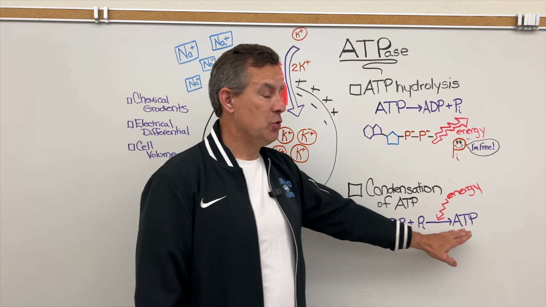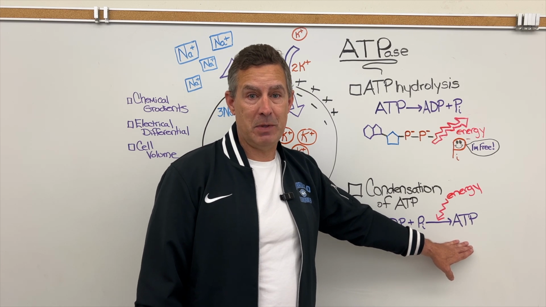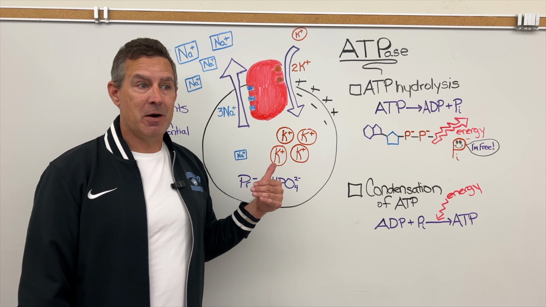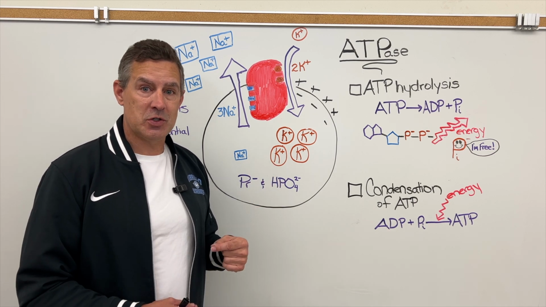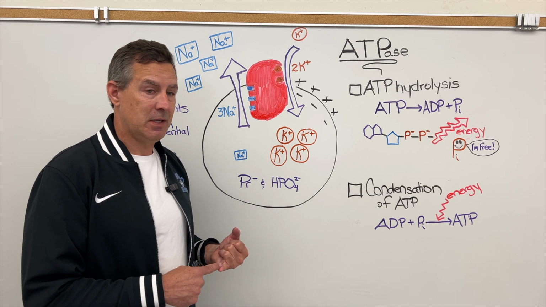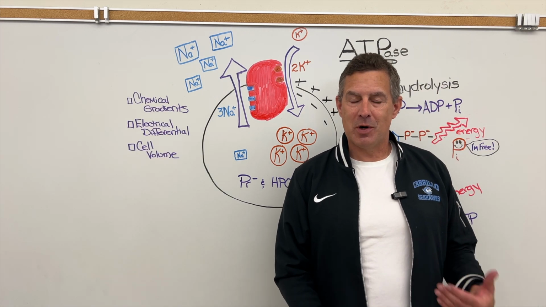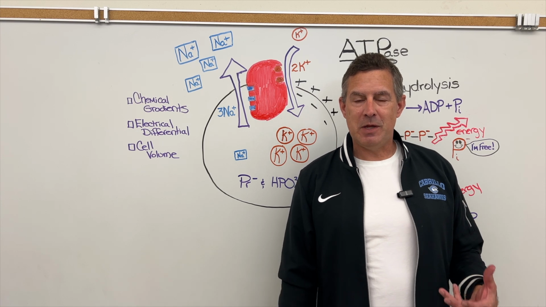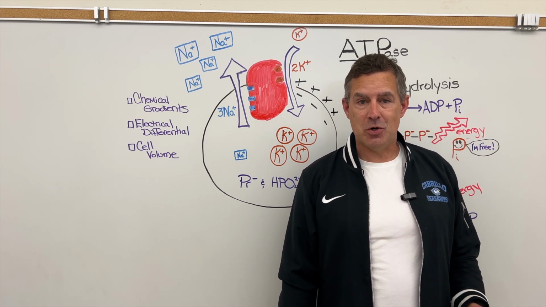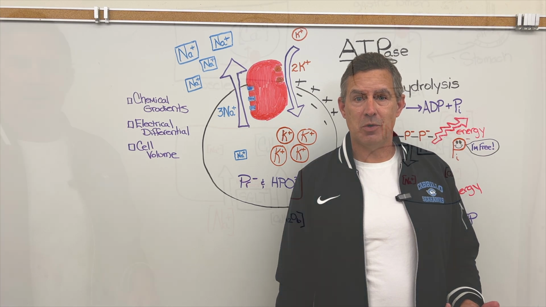That energy is used to make more ATP. So the really cool thing about the sodium-potassium pump is it works in reverse. It breaks down ATP and it also makes ATP. So let's take a look at some more examples of ATP functioning as a pump and delve more deeply into the kinetic energy and secondary active transport.